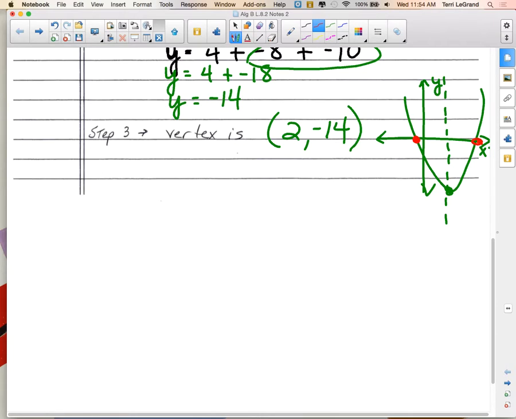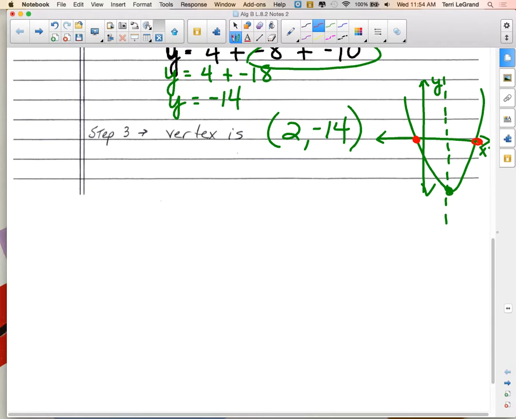Is that what you were going to say, Cody? I said this is going to be the vertex. So if we wanted a parabola with this vertex, what would it have to do for there to be no zeros? Do not change the things that I'm asking.